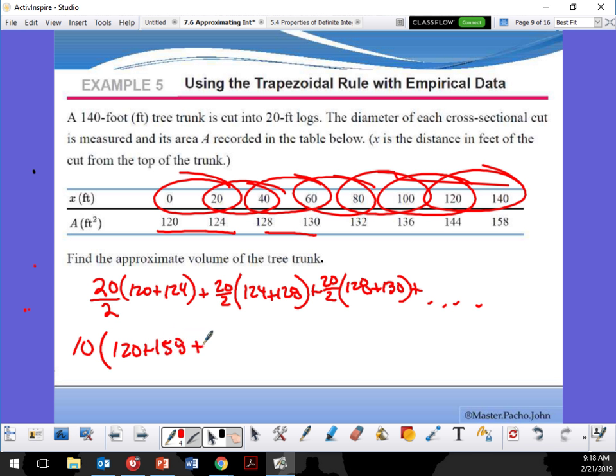Plus, now, how many times do I use all these other ones in between? I use them twice. That's why I made circles in between each one, to show that I'm using it twice. So 2 times, okay, let's start doing my values. So it's 124 plus 128 plus 130 plus 132 plus 136 plus 144. There we go.